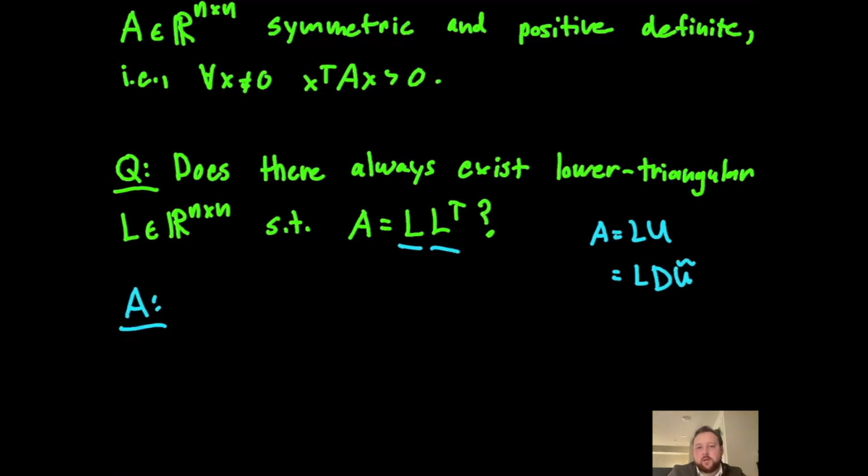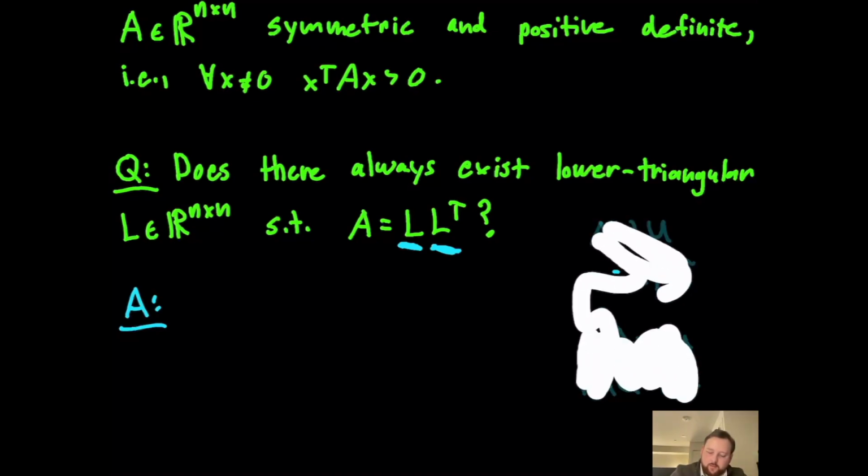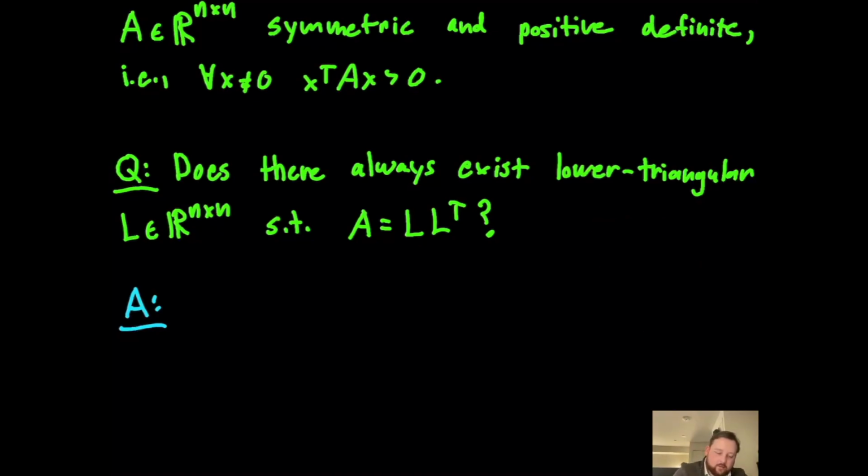So basically you can always play this game that we just did to extract the L showing up here in the Cholesky decomposition, because you never require pivoting. So you don't have to worry that you might have needed to write, say, PA is equal to LU, or PAQ is equal to LU if you were doing Gaussian elimination with partial pivoting or complete pivoting. So the answer from that argument is yes.